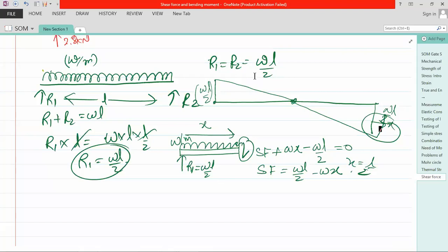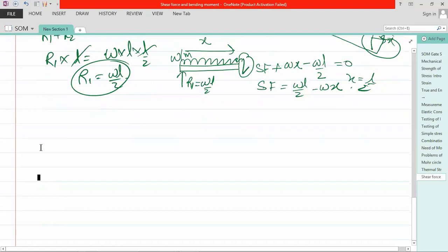Type in the message at least. Okay, so yeah, this shear force is clear. Now I am going to another question because this is the most important. Every time two questions get asked from this topic only. Every time. That's why I am taking time on this shear force.